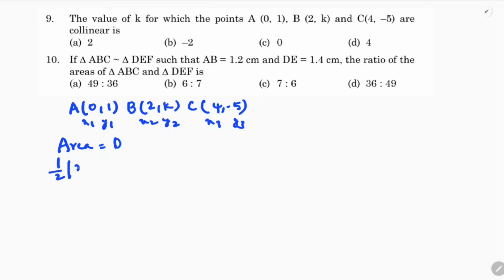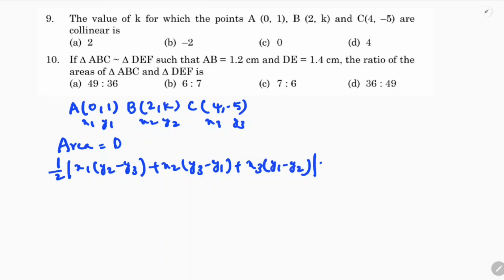So half mod of x1 times (y2 minus y3) plus x2 times (y3 minus y1) plus x3 times (y1 minus y2) equals 0.